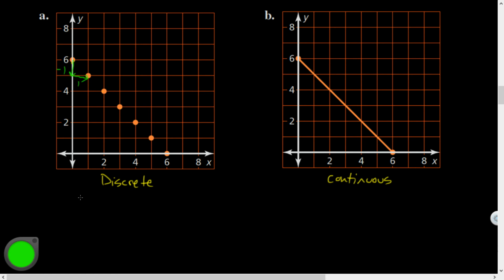Here's one of the book's ideas. They said if x is the number of times you play a game, number of games played, and let's say y is equal to the number of quarters you have.